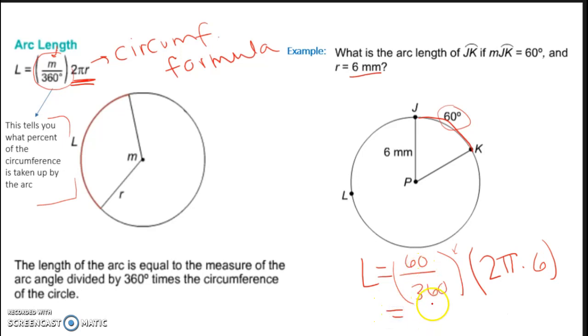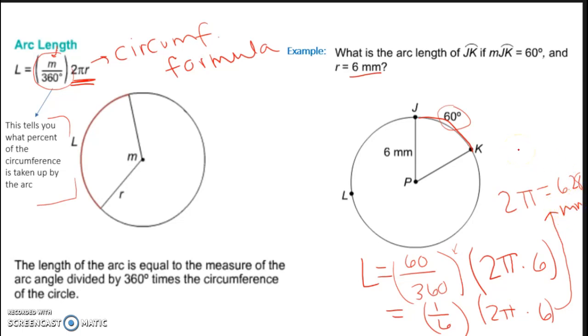So this ends up being, we're going to take 60 over 360, 1/6, or you can just put this into your calculator, times 2 pi times 6, we actually just end up with 2 pi, or about 6.28 if we are rounding, and that would be in millimeters.